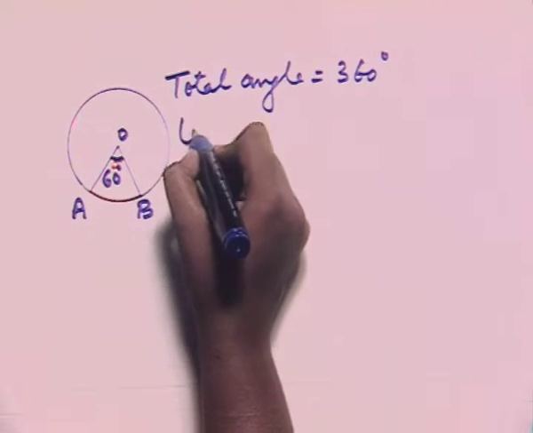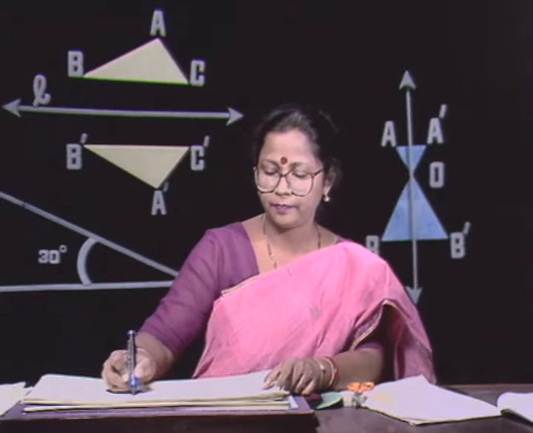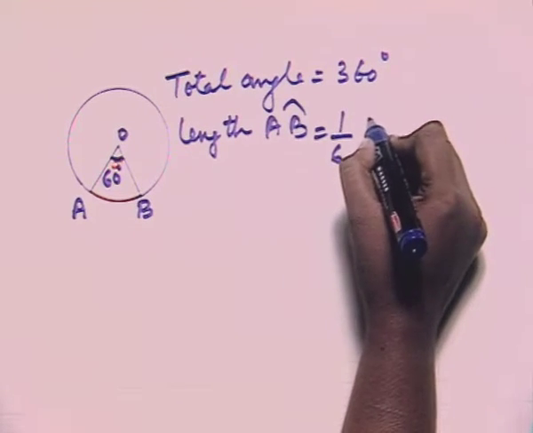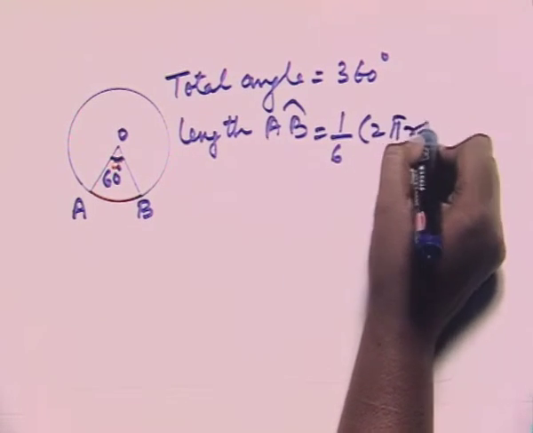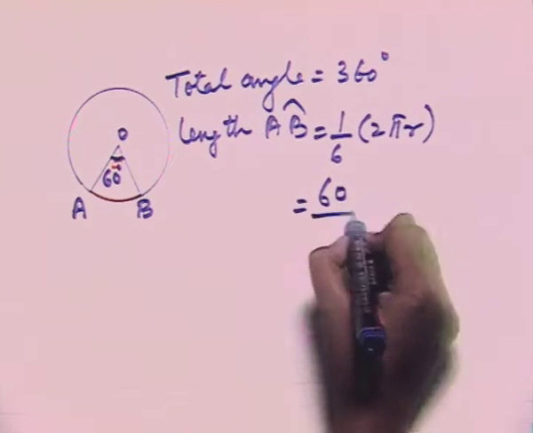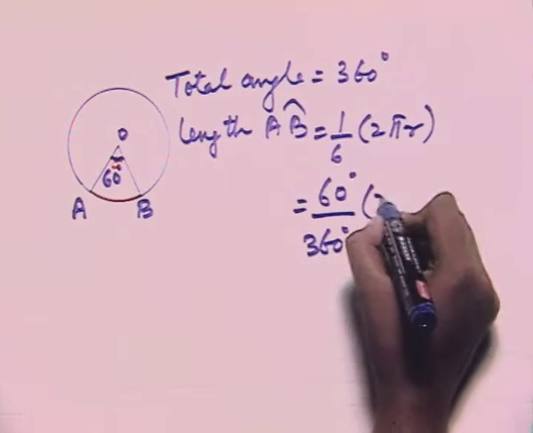So, the length of the arc AB will be equal to 1/6 of the circumference, or I can write it as 60 degree upon 360 degree into 2 pi r.